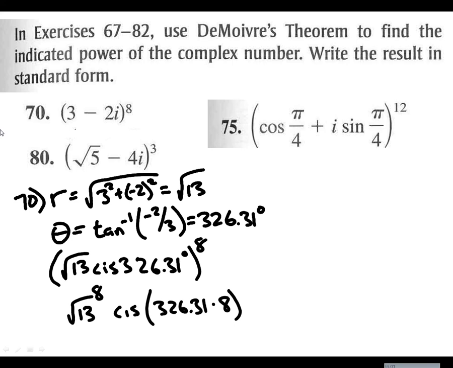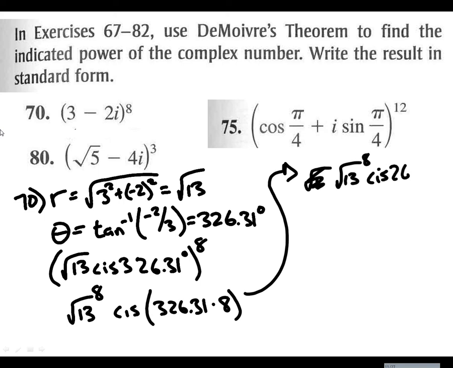Multiply it out. If you do that successfully, for 70, you're going to end up with, and I left this as root 13 to the 8th, but the angle does turn into 2610.47.